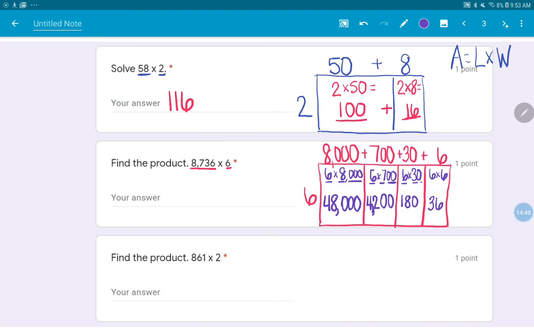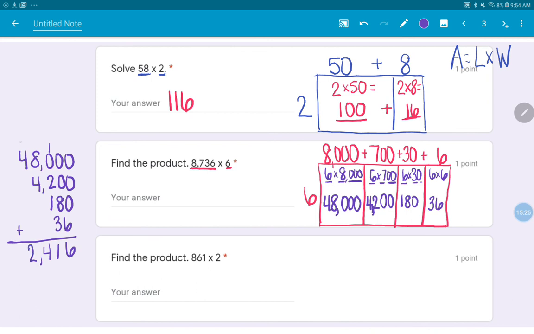I'm going to add them together. You're exactly right, Harper. So I have 48,000 plus 4,200 plus 180 plus 36. 0 plus 0 plus 0 plus 6 is 6. 0 plus 0 plus 8 plus 3 is 11. 1 plus 0 plus 2 plus 1 is 4. 8 plus 4 is 12.